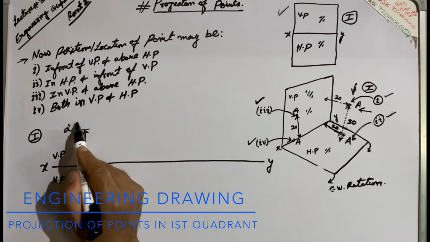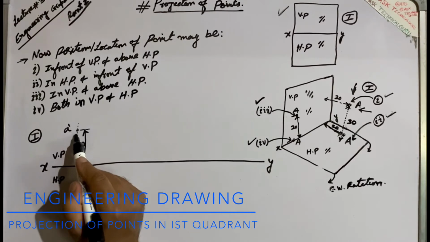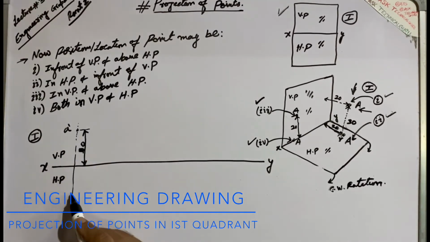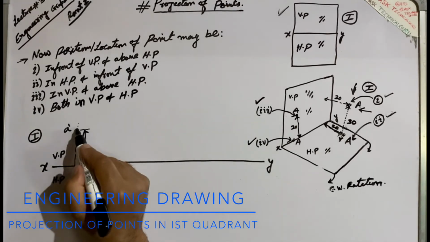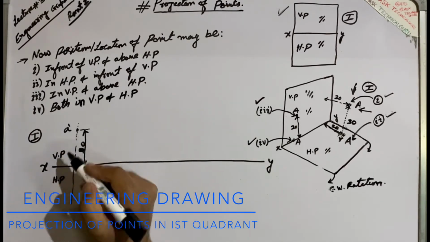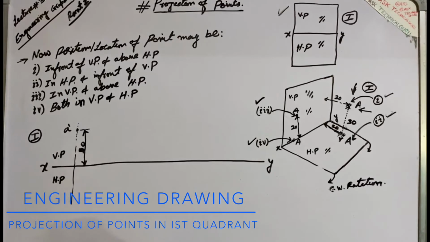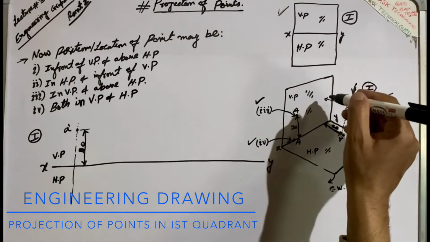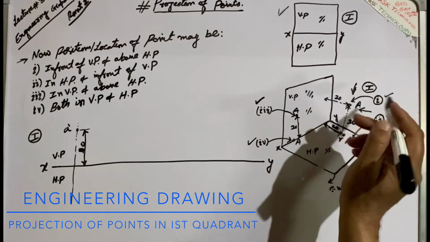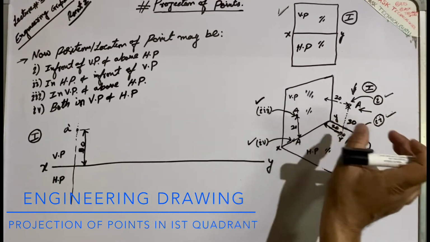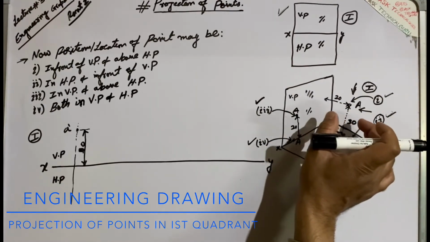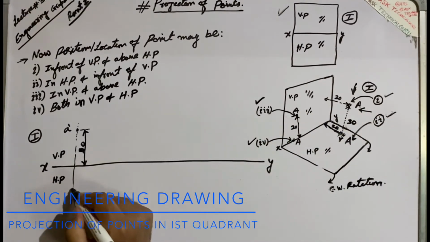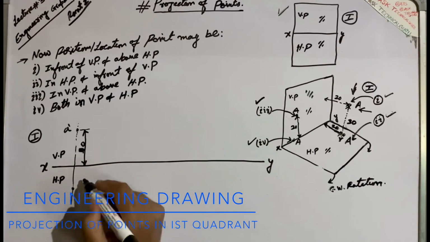Then, as I have already told you, we have to draw a thin projector line, because the front view and top view lie on the same projector. Now in top view we are able to see how much it is away from the vertical plane. It is 20 mm.